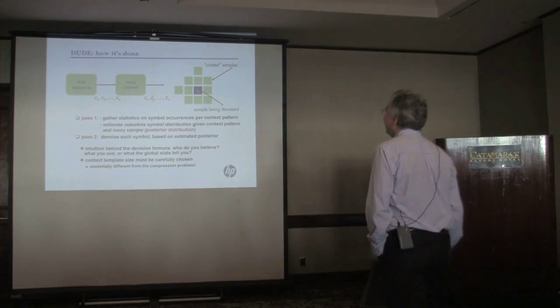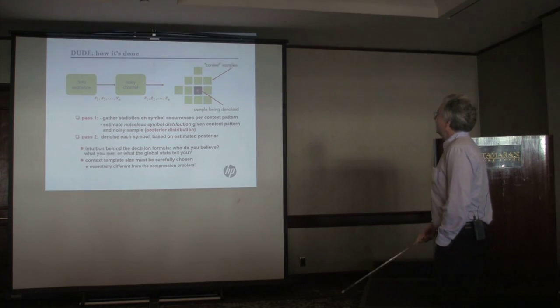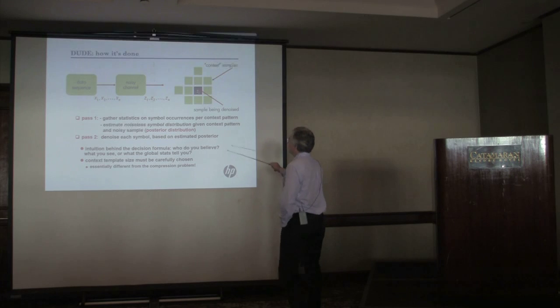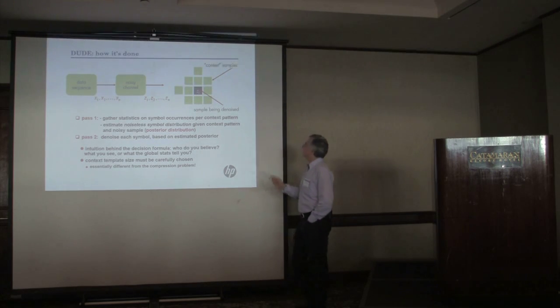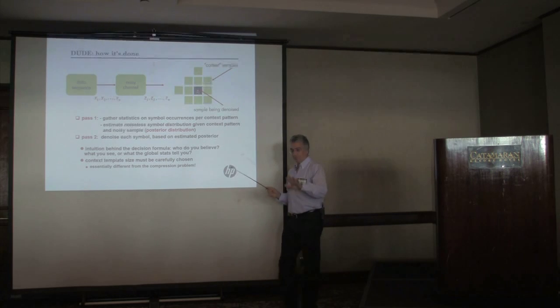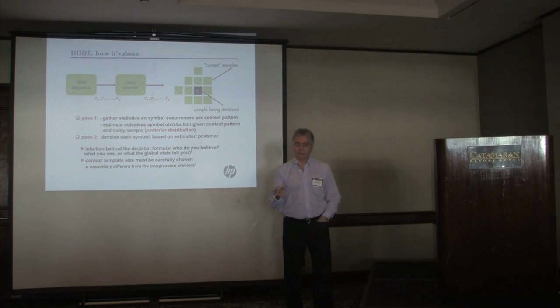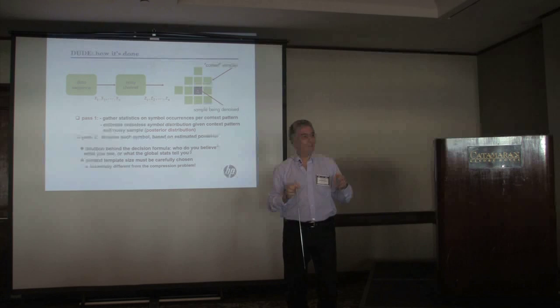So how is the DUDE algorithm done? Basically, we do it in two passes. In the first pass, we gather statistics of symbol occurrences per context pattern. First of all, let's assume for the moment that I have fixed the context, say 4x4 blocks surrounding the pixel.